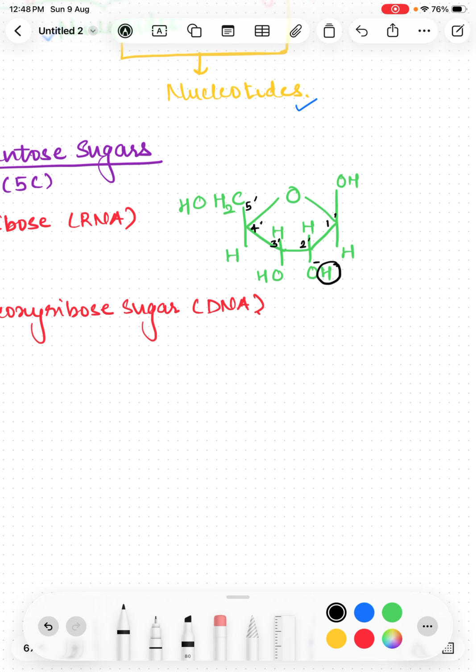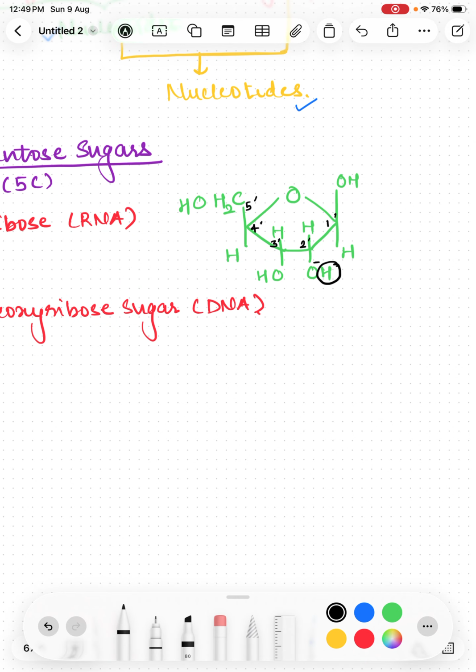So RNA is not stable, and making this unstable group as a genetic material is not advisable. So nature chose DNA as a genetic material.